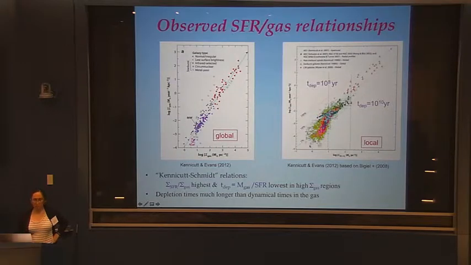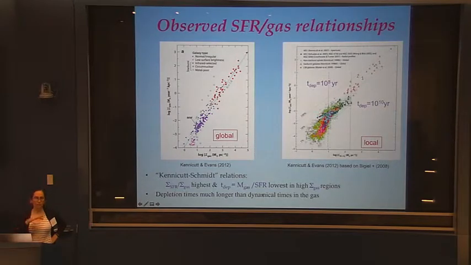And as I mentioned, I think I mentioned this before, but if I didn't, what you can see here is that the depletion time, which is just the ratio of the gas mass to the star formation rate, is shortest in the high surface density regions, where the dynamical times are shortest.